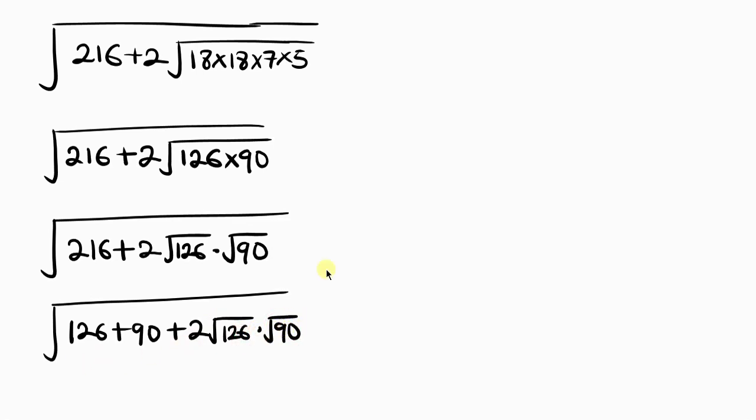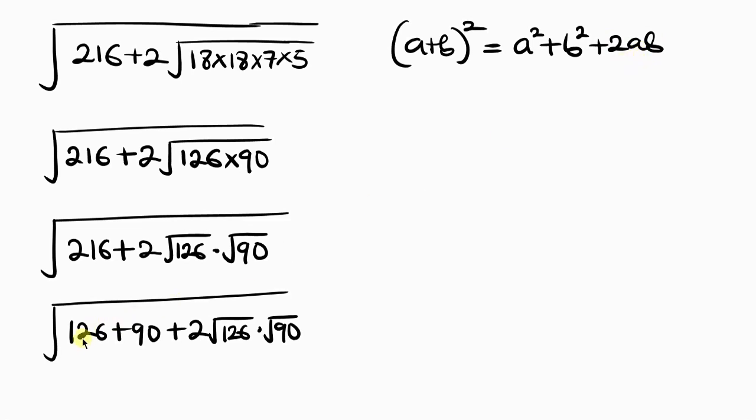Now remember that our aim is to write it in this form, (a plus b) squared, in form of a perfect square, which is expressed as a squared plus b squared plus 2ab. So now we're going to be writing 126 and 90 in such a way that they have a square.